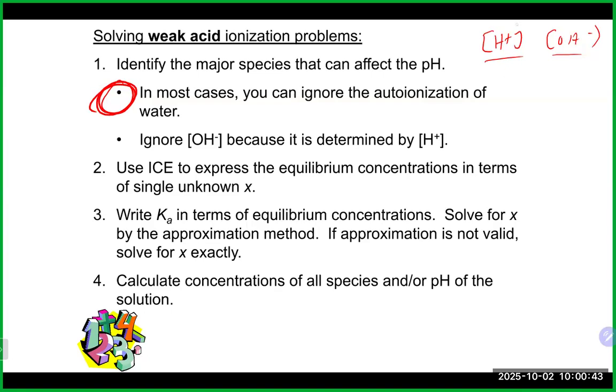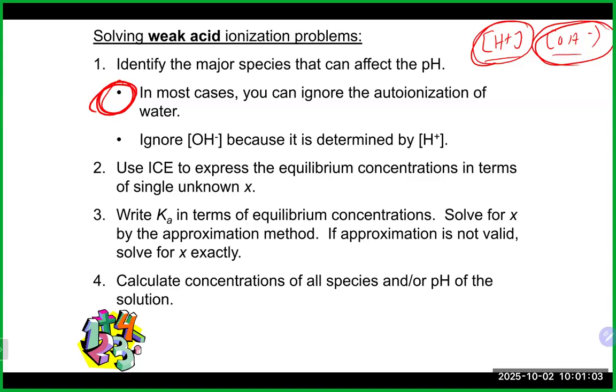So basically what that means is any H plus or any OH minus that we see in a problem, we're just going to assume that it came from the acid or the base. That's the only contributor. Water is not really going to contribute any H plus or OH minus to our calculations. So you don't have to do much other than what we've been doing, but that's the assumption.